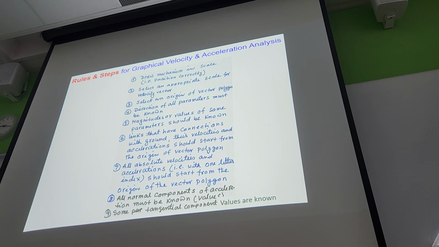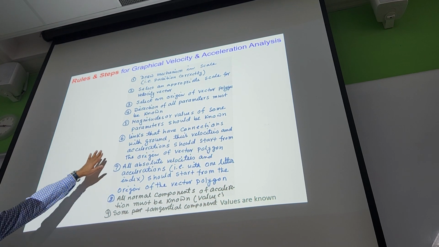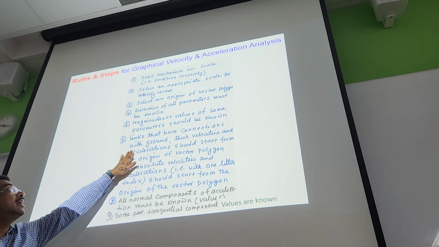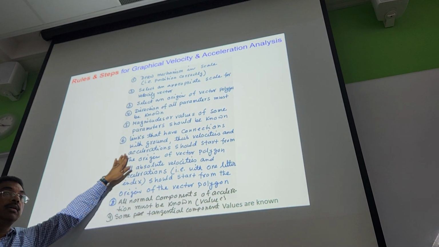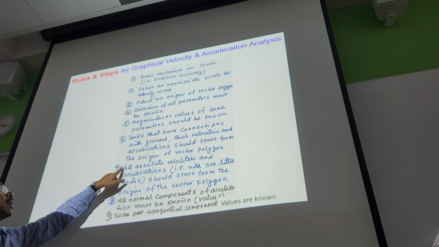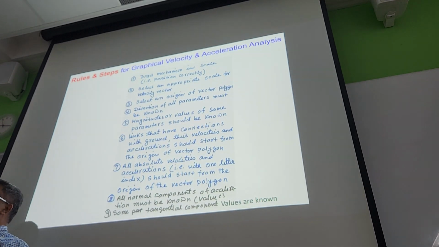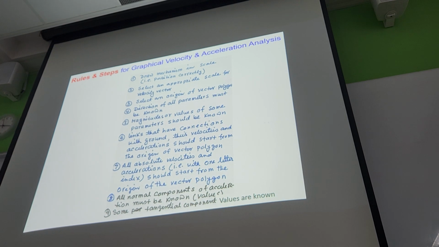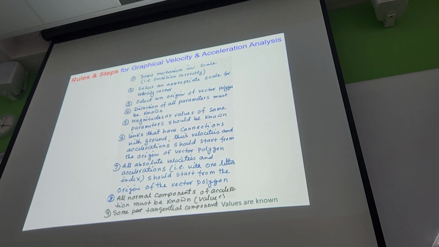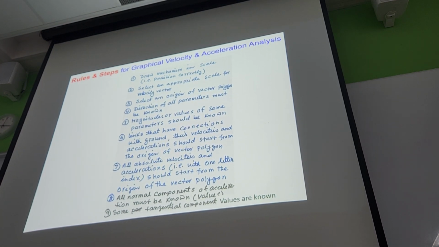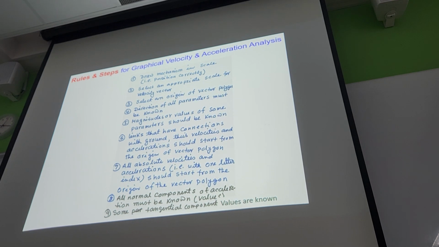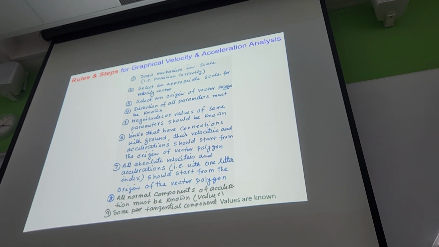All absolute velocity. Here is another important thing. Number 6, I said links that have connection with ground, their velocities and acceleration should start from the origin of the vector polygon. And number 7, I said all absolute velocities and acceleration, that is one letter index, should also start from the origin of the vector polygon. Very important.